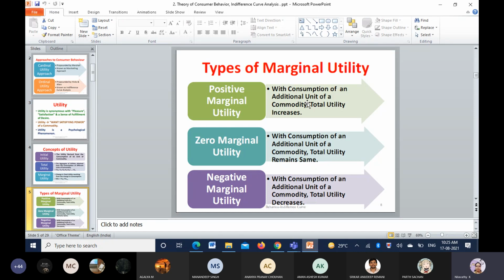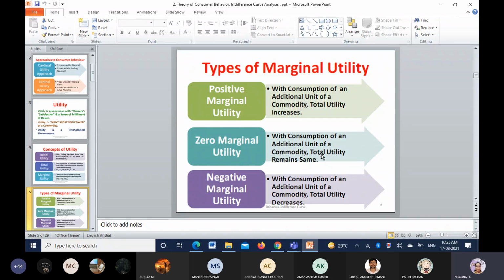Always the marginal utility will be a diminishing concept only. When I go to the theory, I will explain it, but now I'm telling you. So marginal utility can be positive. When the total utility is increasing, when you are making a calculation, at that time the marginal utility will be positive.